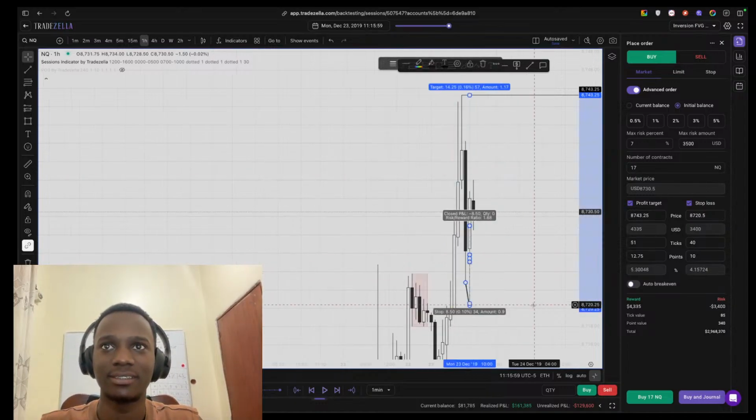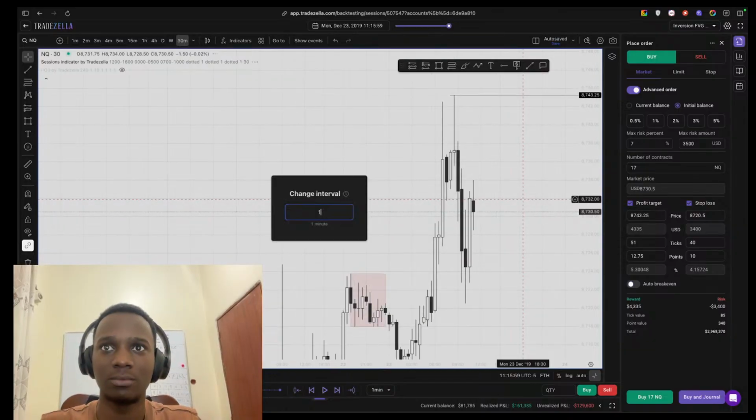Okay, get a 1 hour small gap retracement.